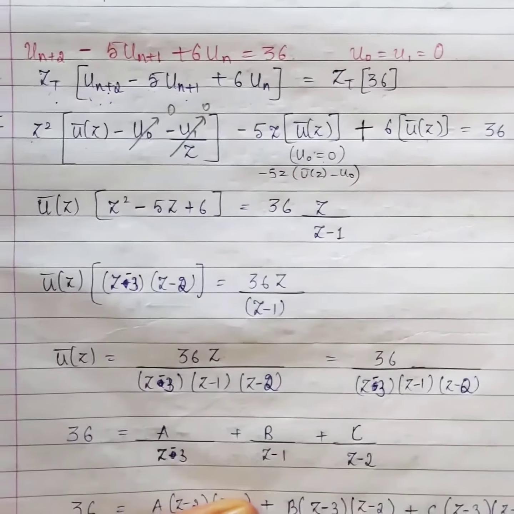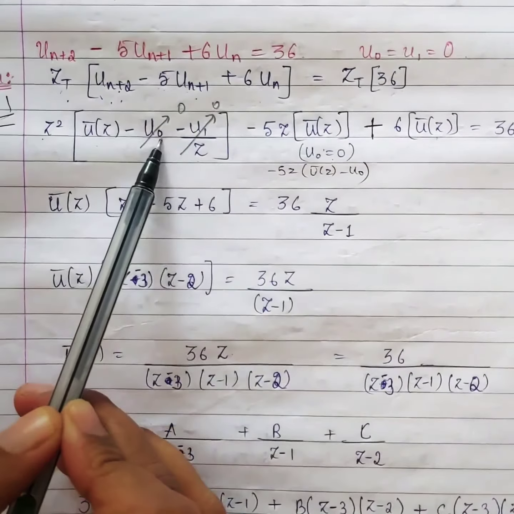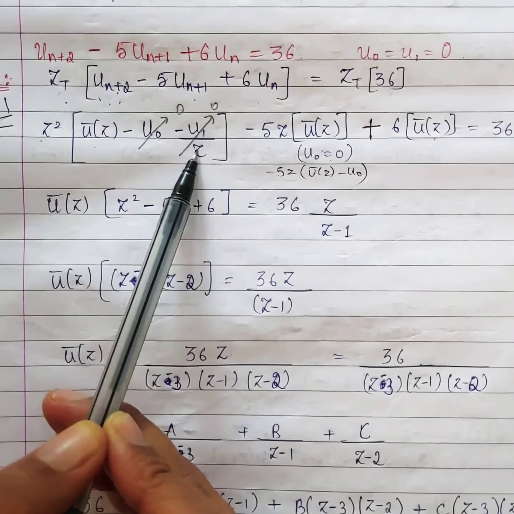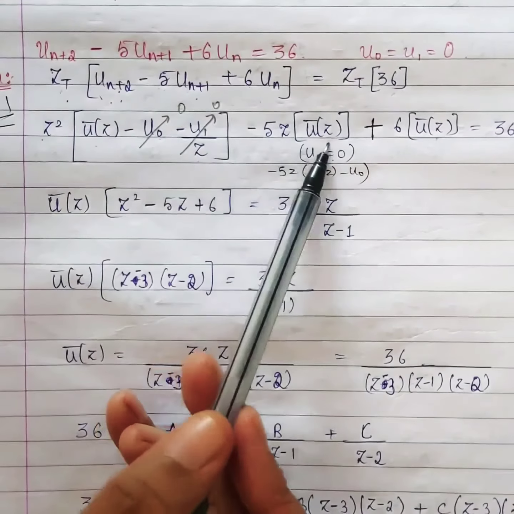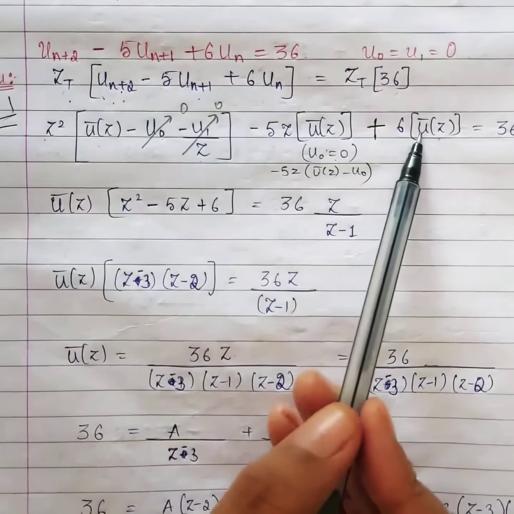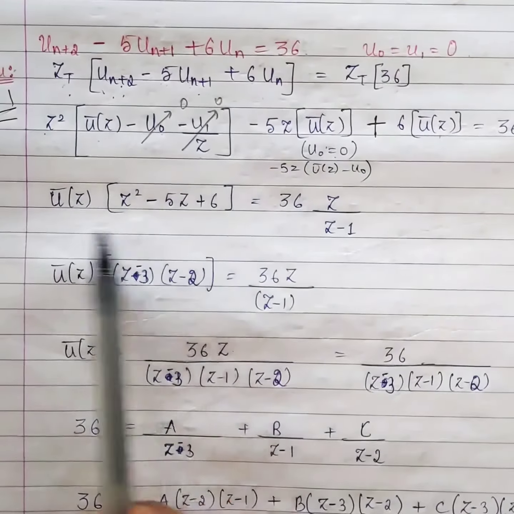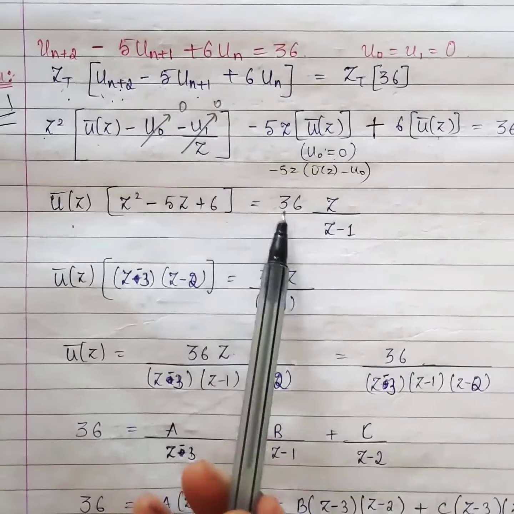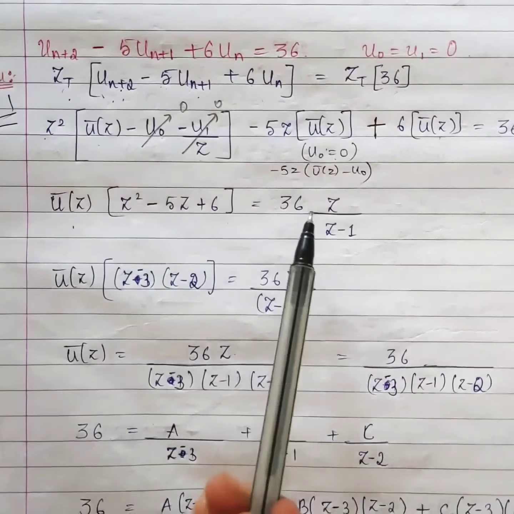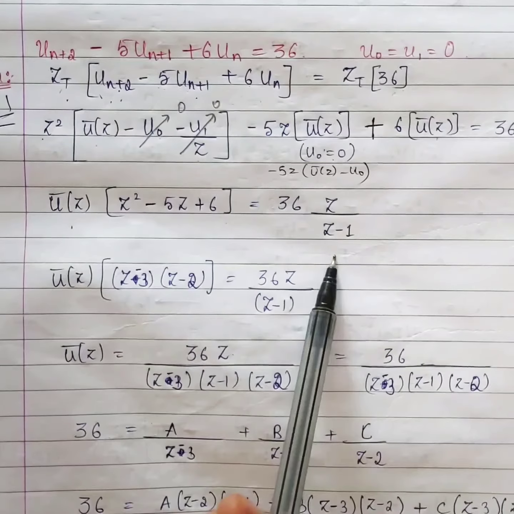So now on the left hand side we have to simplify. u0 is 0, u1 is also 0. So z² ū(z) − 5z ū(z) + 6 ū(z). We are taking ū(z) common outside: (z² − 5z + 6) ū(z) equals, on the right hand side, 36z/(z−1).